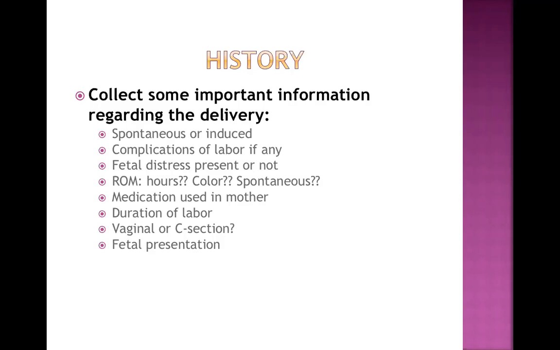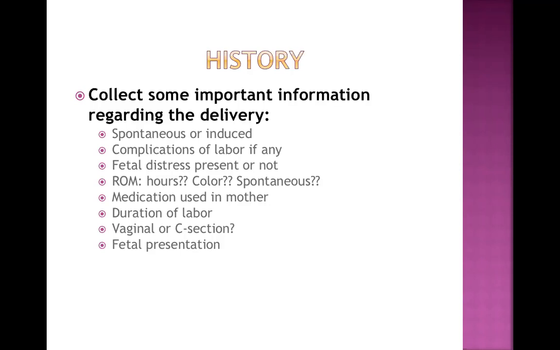If there is presence of meconium in the amniotic fluid, and if the baby has passed that meconium inside the uterus, it may look green in color, or golden yellow in color, something like that. So, an important question: is it spontaneously ruptured, or has the nurse or the midwife or the doctor done it in the hospital?